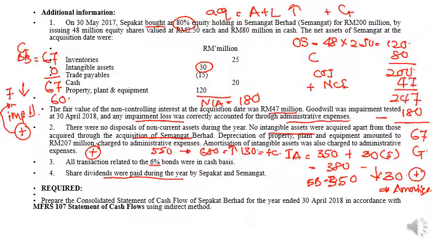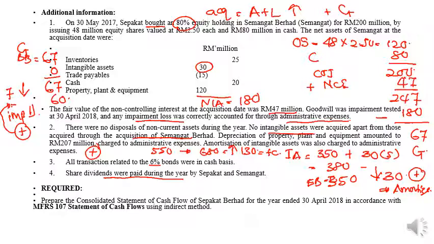So 380 now becomes 350. So there is a reduction by 30. Reducing by 30 here means that there is an amortization of the intangible asset.